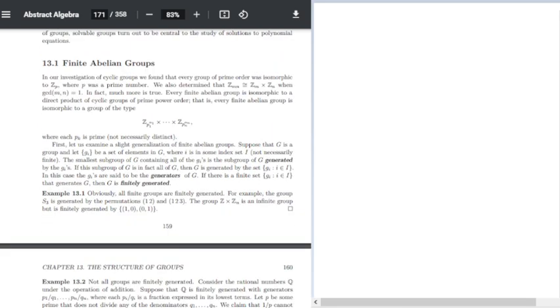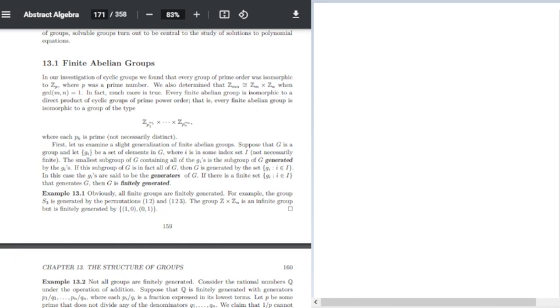Section 13.1, Finite Abelian Groups. In our investigation of cyclic groups, we found that every group of prime order was isomorphic to Z sub p, where p was a prime number. We also determined that Z sub mn is isomorphic to Z sub m times Z sub n when the greatest common divisor of m and n is equal to 1. In fact, much more is true.